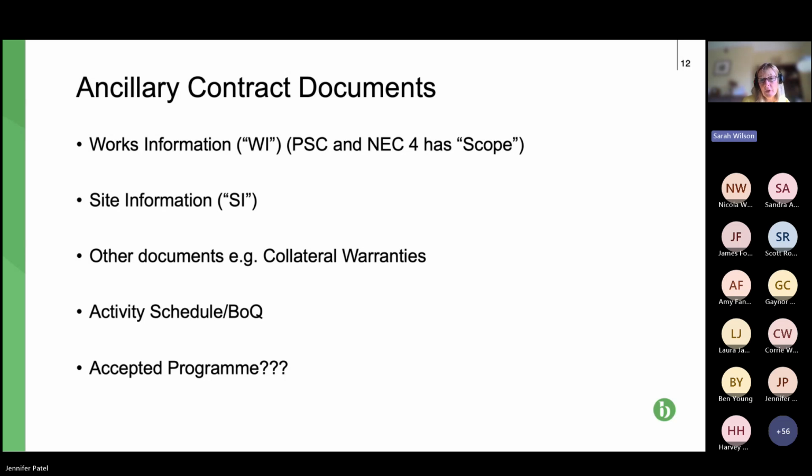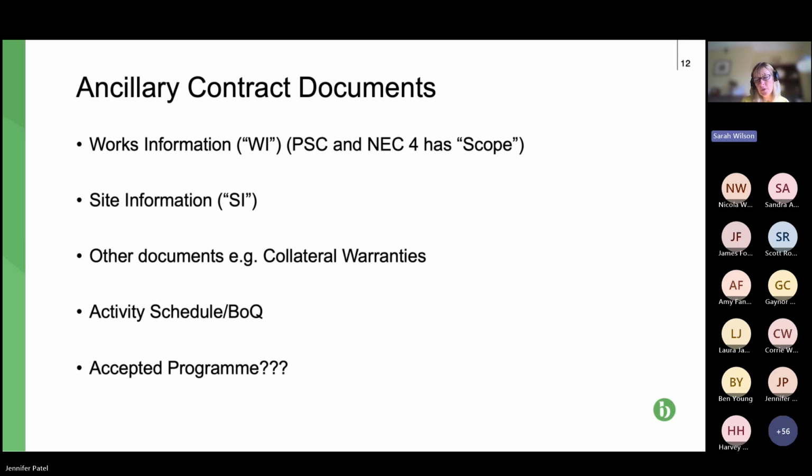Provision for other documents, so collateral warranties, performance bonds, parent company guarantees, etc. Also, we might have an activity schedule or a bill of quantities. You'd never have both, and you might not have one. And we'll see later where you would have one, but it depends on what kind of pricing mechanism you have.